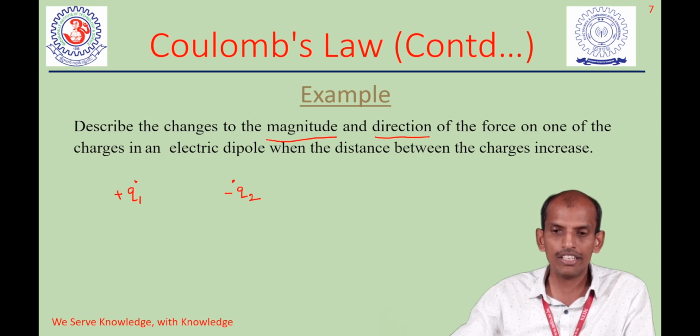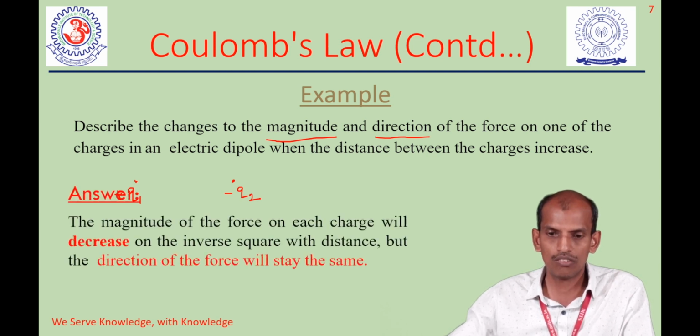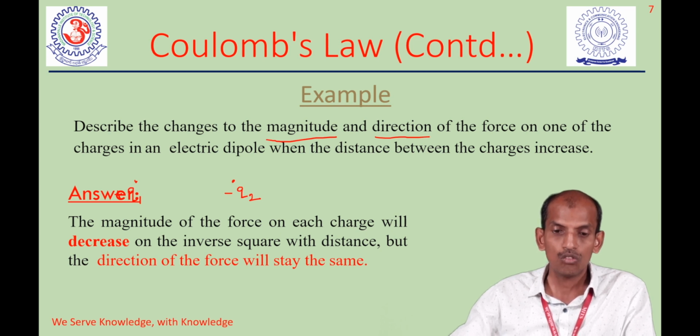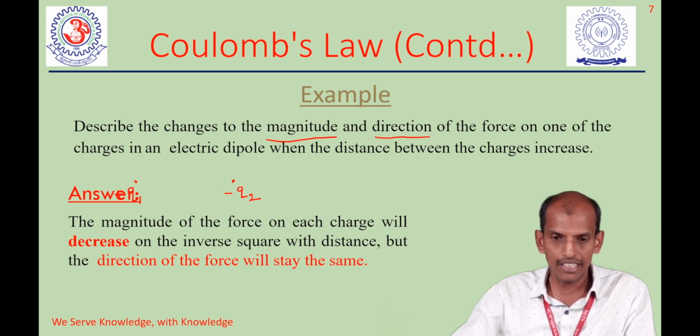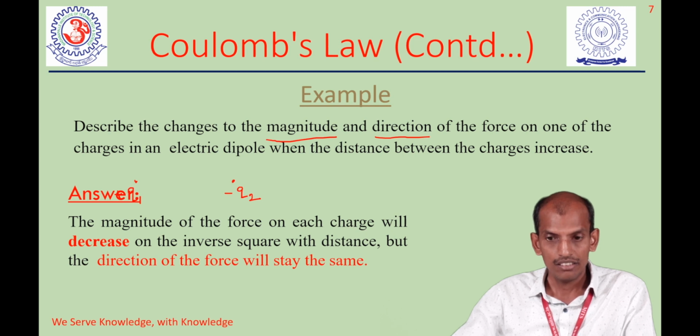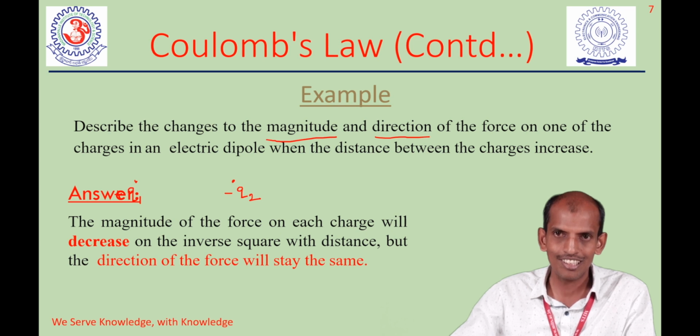Definitely, as we increase the distance, the force will decrease. And will there be any effect on the direction? Not at all. The direction will remain the same, but with the increase in the distance, the force will decrease.